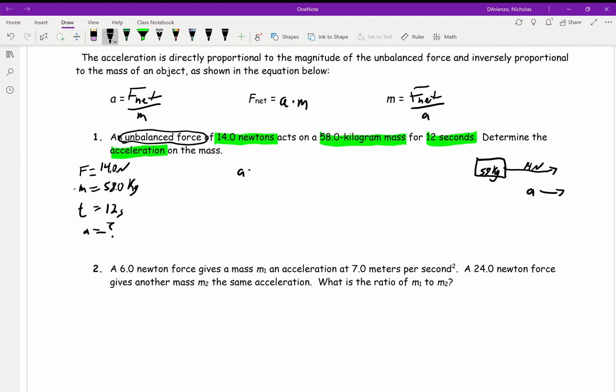So using a equals F net divided by m, we know the net force to be 14.0 newtons divided by the mass of the object, 58.0 kilograms.